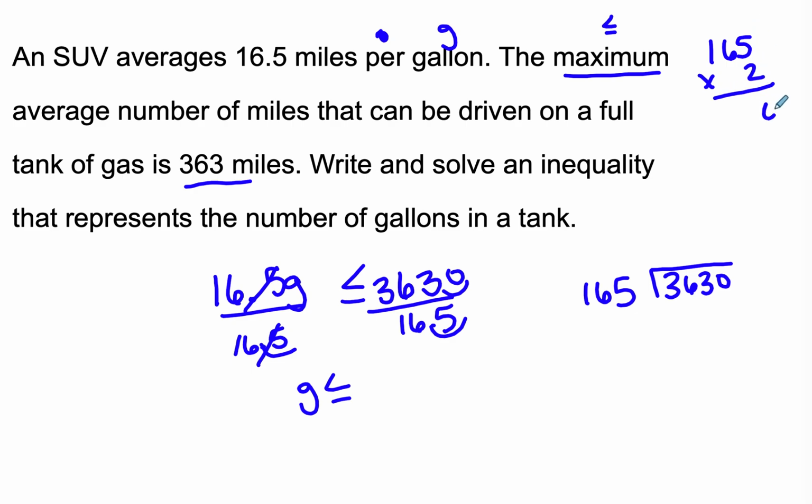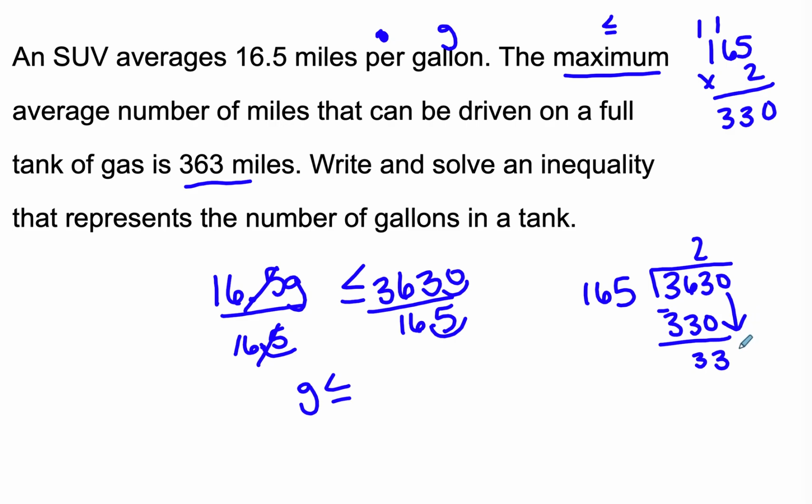5 times 2 is 10. 2 times 6 plus 1 is 13. 2 times 1 is 2 plus 1 is 3. 330, yep, okay, so 2 times works. 330. 3 minus 0 is 3. 6 minus 3 is 3. 3 minus 3 is 0.